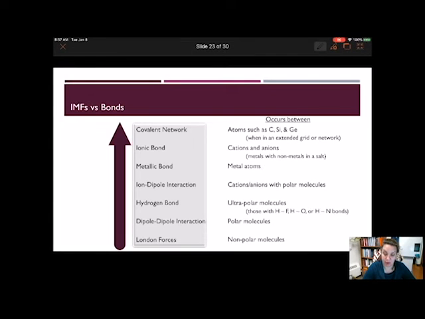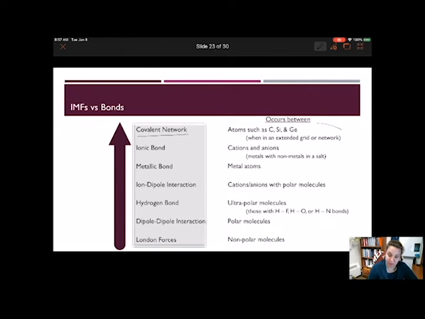So let's look at our intermolecular forces compared to our intramolecular forces. Our covalent network up here. We're going to be talking about this in chapter 12, but when we have things that have extended structure, such as carbon, so think about graphite or diamond, our covalent networks are very, very strong.